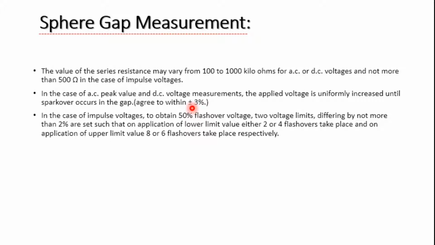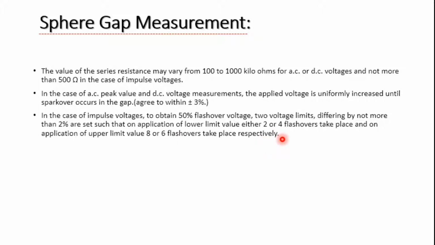That is the meaning of this. In the case of impulse voltage, to obtain 50% flashover, two voltage limits differing by not more than 2% are set such that on application of the lower limit value, 2 to 4 flashovers will take place, and on application of the upper limit value, 8 to 6 flashovers will take place.